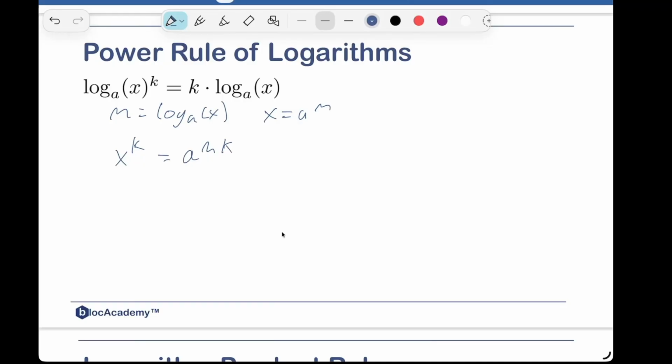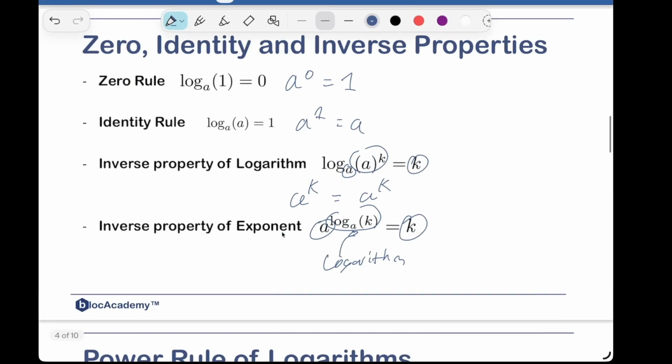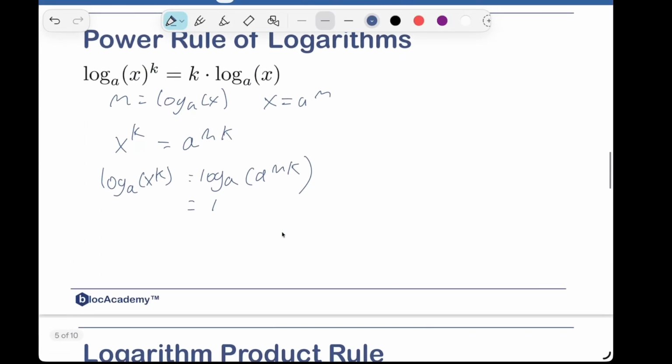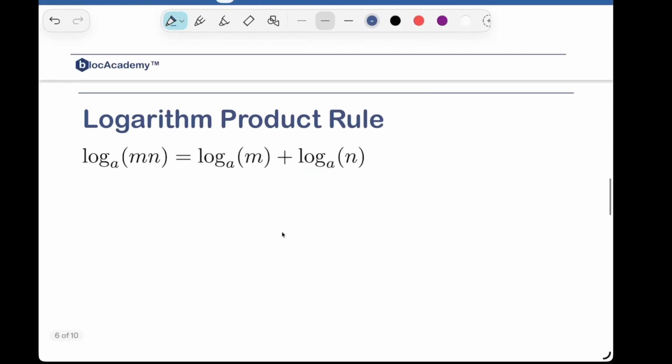Now, if we take log a of both sides, we get mk, which we know, using this inverse property of the logarithm, we can get down to k times log a of x. This is really interesting. This is the power rule of logarithms, and it's really useful for proving some stuff we're going to work with later.